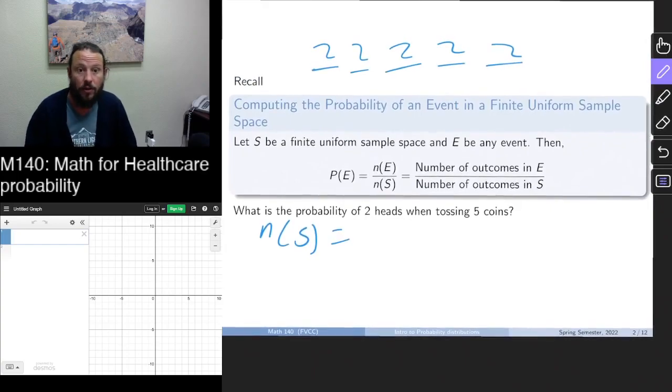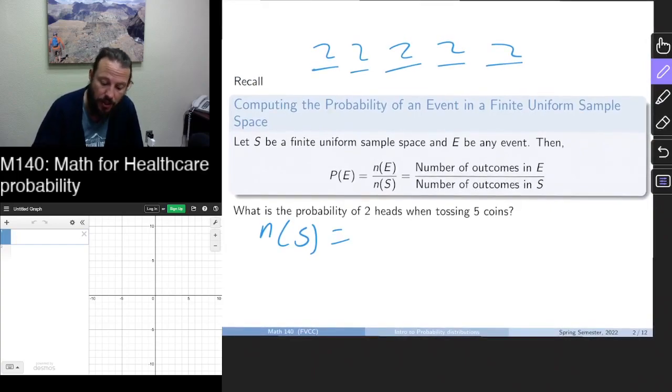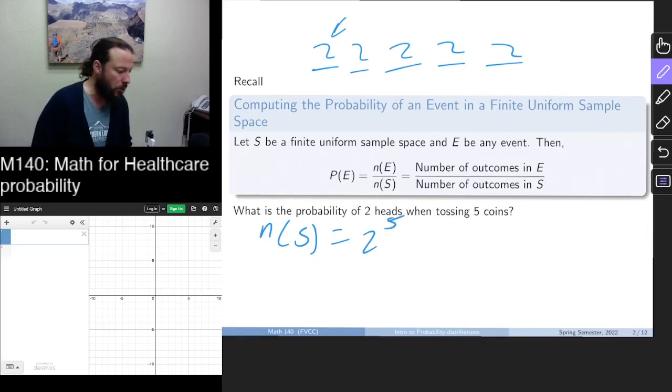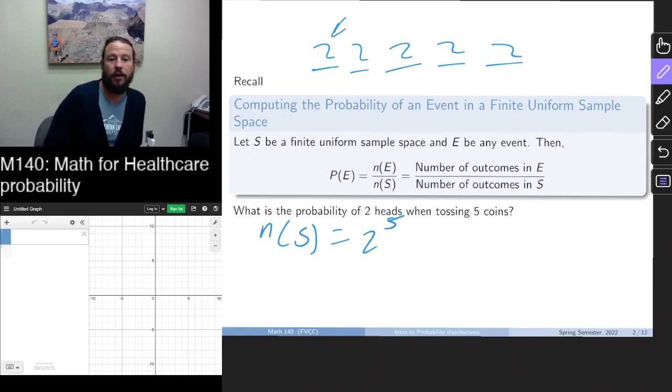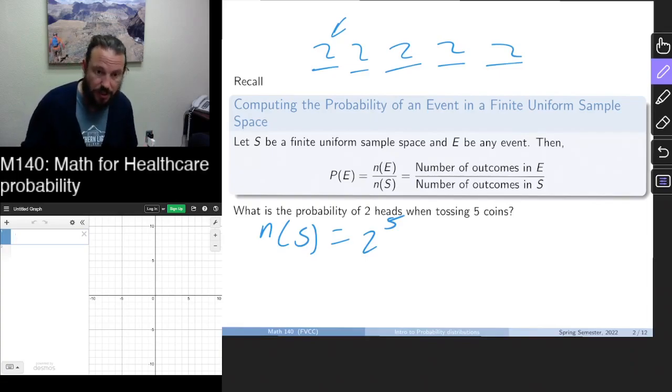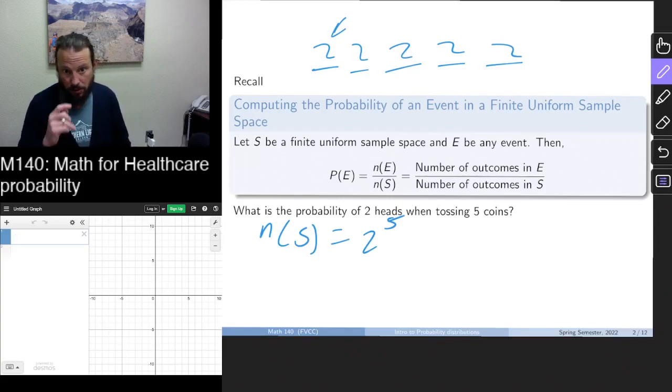We have 5 slots. They each could be either heads or tails. That's why I write the 2, right? So we do 2 to the 5th, using our multiplication principle. Remember, when you're doing those multiplication principles, you want to realize that really there's a tree diagram going on underneath it. So that's the size of our sample space, 2 to the 5th.